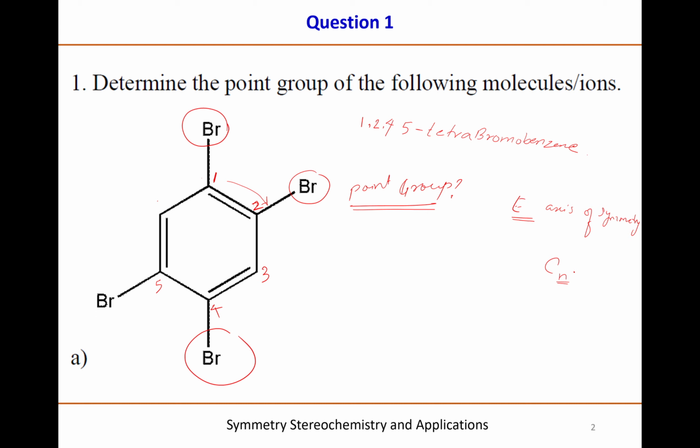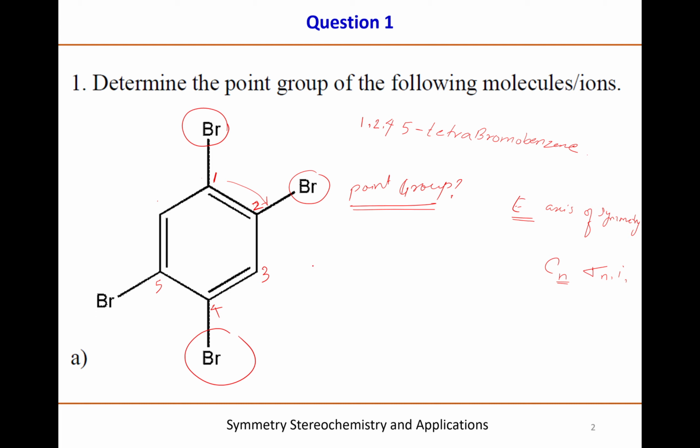I will explain one by one. Then next is the plane of symmetry. The plane is denoted by sigma, and n is again the number of folds. I is the inversion point, inversion. These are the different symmetry operations we are going to discuss in this class when we solve the question along with the discussion of these symmetry operations.